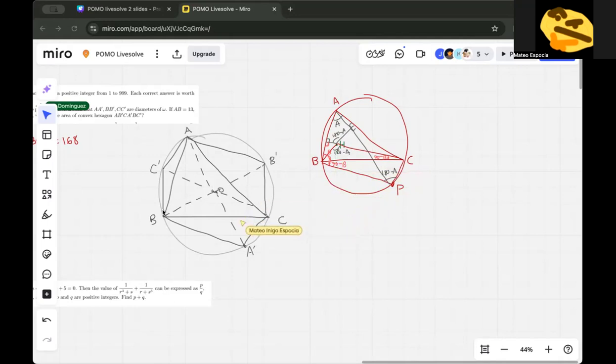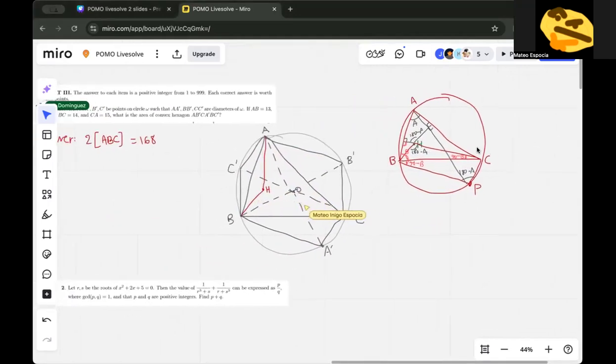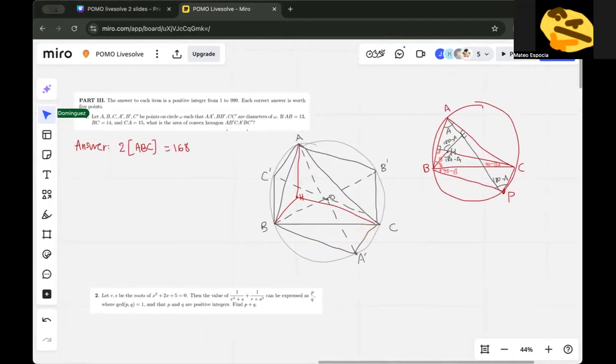In this original diagram, if we have H, the orthocenter, we have three sets of parallelograms. We have AHBC prime here, AHCB prime here, and HBCA prime here.